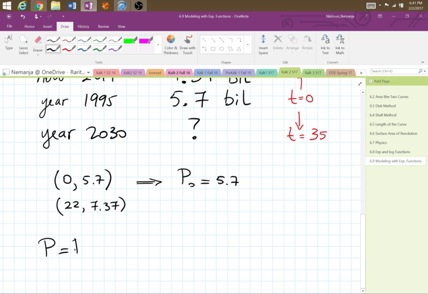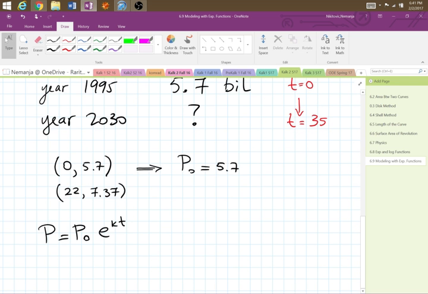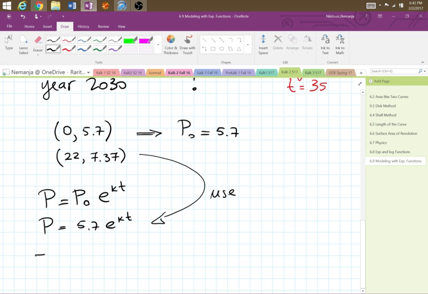P equals P0 e to the kt. I'm going to plug in P0, which is 5.7, e to the kt. I'm going to use this point: 7.37 is equal to 5.7 e to the k times 22.